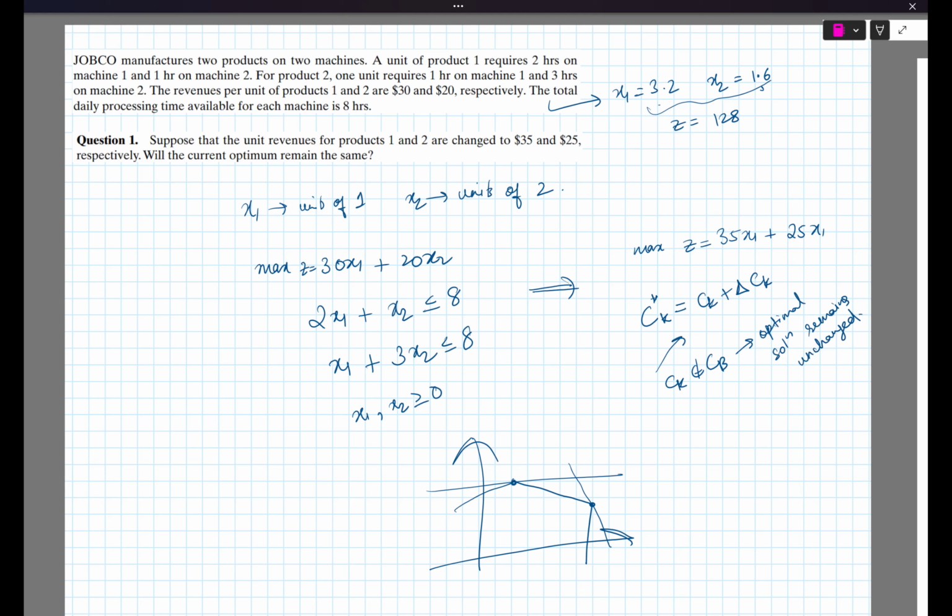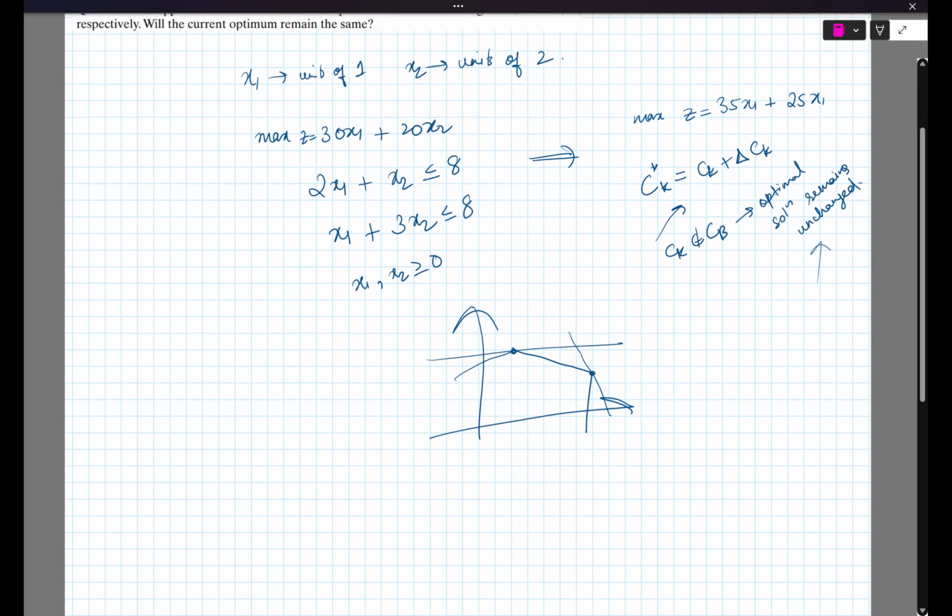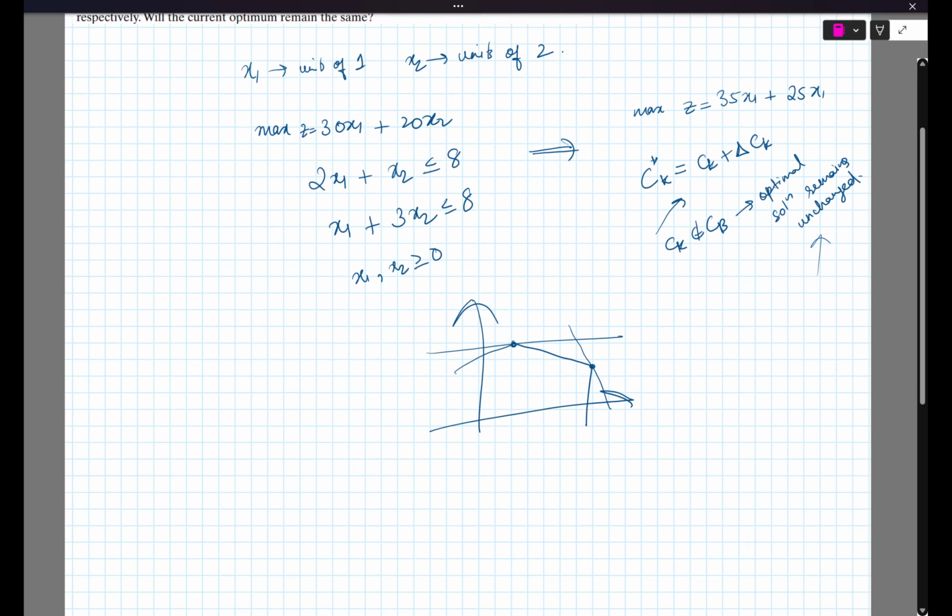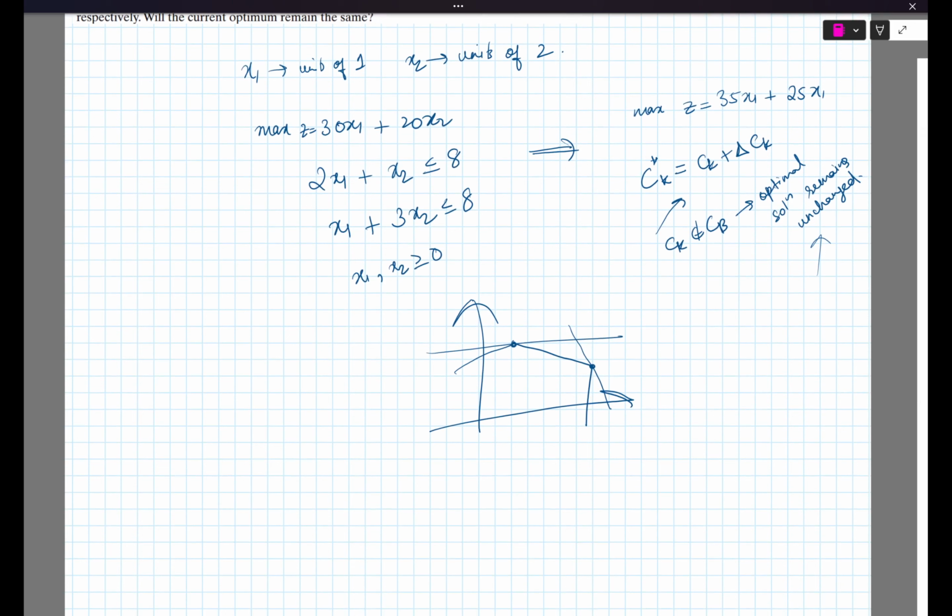Okay, but in this case, can we say this? No, x1, x2 are in the basis, right? Yeah. So we are changing C1, C2, so we can't say this, right? Yes. So if ck is in the basic set, then we have to look at a certain ratio, which was max of minus (zj minus cj) upon ykj, for ykj greater than 0.